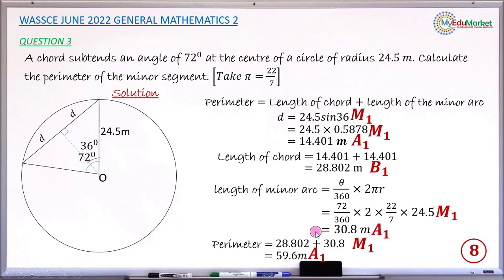And when you add the two results, that is the length of the chord plus the length of the minor arc, you have this method 1 mark. And the final mark is accuracy 1 mark when you have the perimeter of the minor segment as 59.6 meters exactly. So in total, for this question, if everything is done correctly, you have 8 good marks.